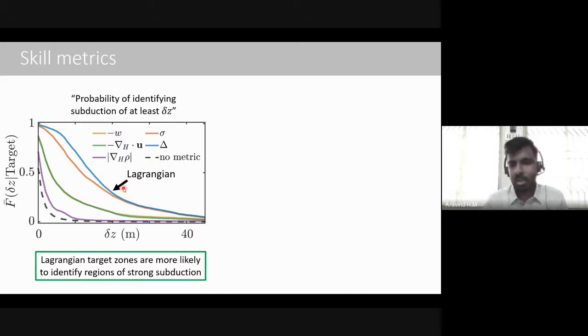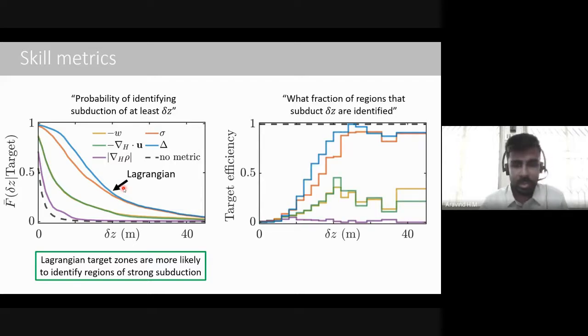But this is not the only key metric we are interested in. I feel it is also important to understand what fraction of the strongest subducting zones are identified by the metrics that we considered. So that is the second skill metric that I investigate.